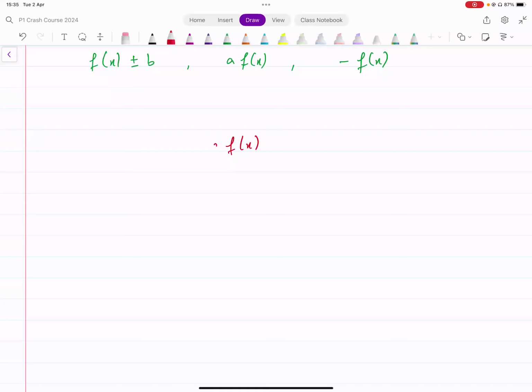You can either multiply by a number outside, or you can add or subtract something outside, or you can multiply by the negative sign outside. All of these are vertical transformations because something is happening outside the whole function. Okay.